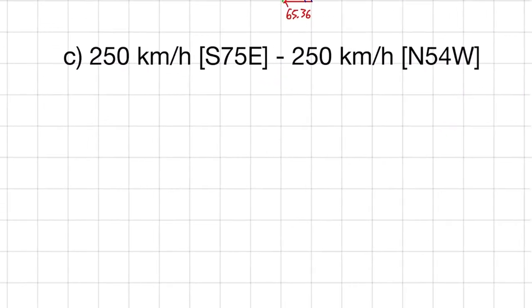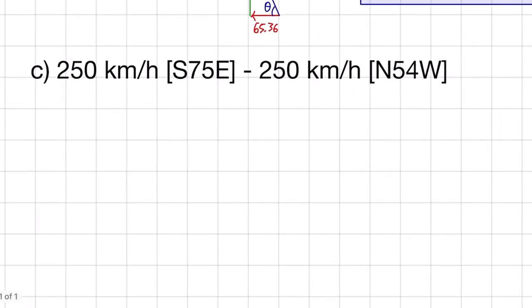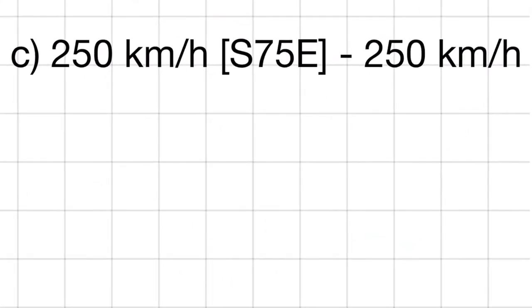All right, let's do example C now. We have 250 kilometers per hour, south 75 east, minus 250 kilometers per hour in a direction of north 54 degrees west. So we're going to have to edit these vectors a little bit. This one here is equivalent to 250 kilometers per hour.